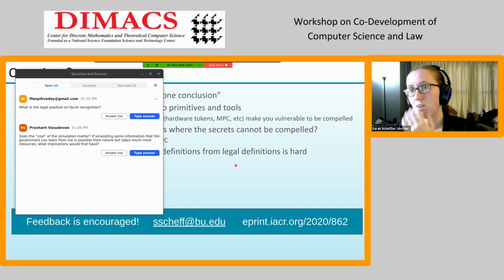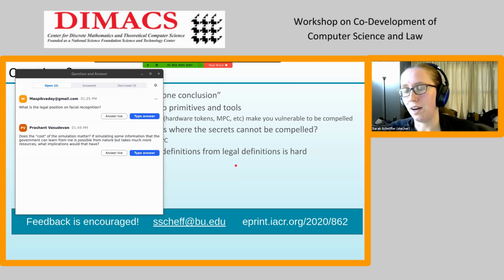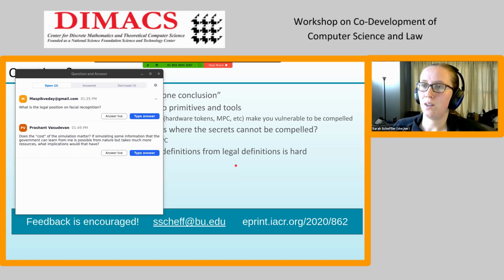Because if the location or possession prong wasn't there, if the government was allowed to search the entire world for whatever the documents were, then that prong wouldn't have existed in some sense. So we did it as a polynomial time bound. Maybe it should be a concrete bound instead. Maybe we're thinking about that too. But I do want to argue that there is a legal inspiration for why there should be a bound at all, and why we shouldn't just let the simulator run as long as it wants.